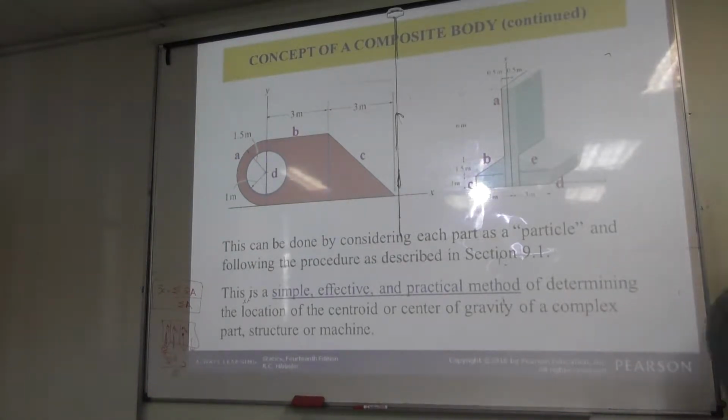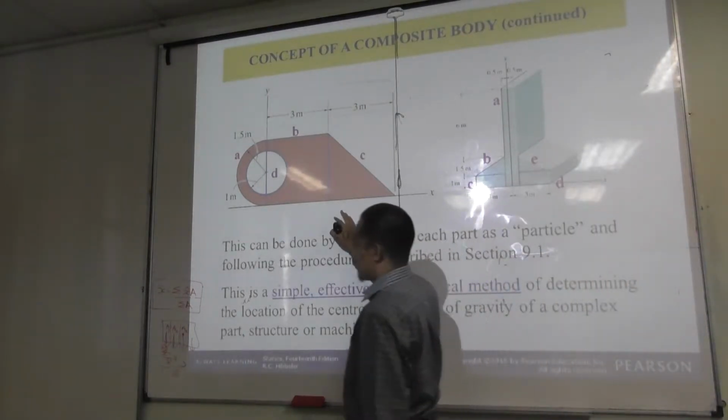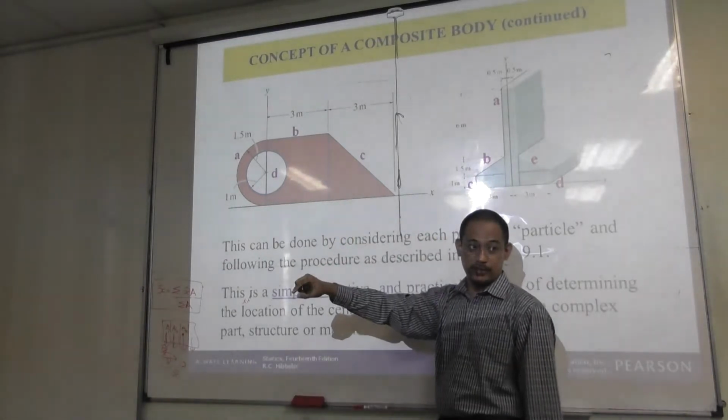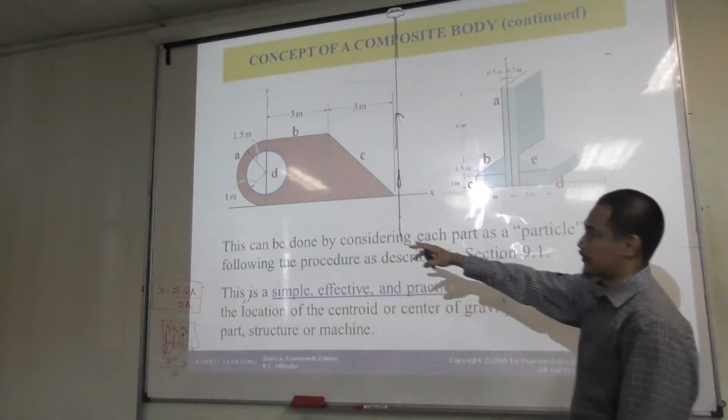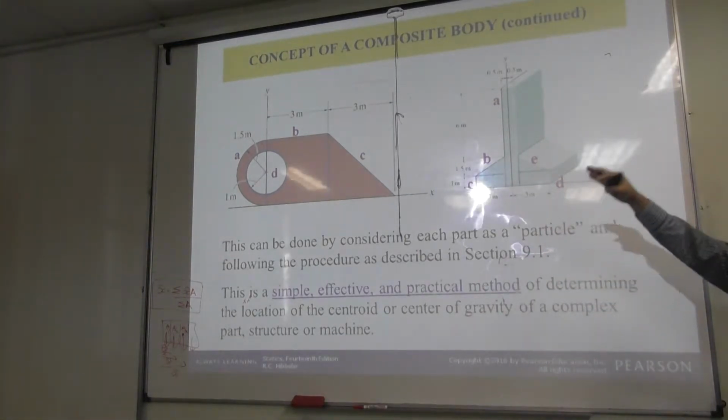Now, if you want to determine this using what we have done before, using integration, we can still do this. But there's no point in doing so, because it can easily be solved since the shape is known.